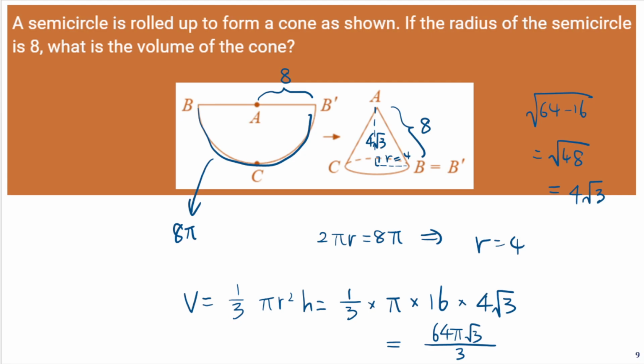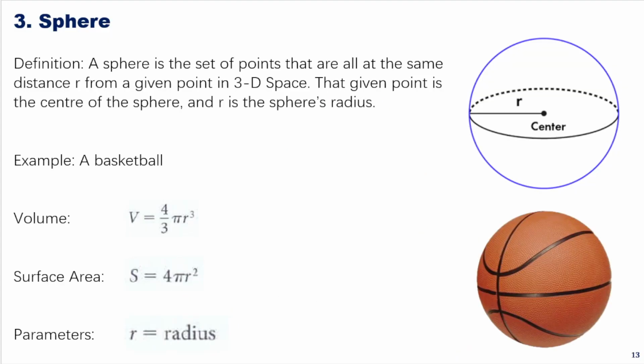Okay, if no questions, another important 3D shape is called a sphere. By definition, a sphere is a set of points that are all at the same distance r from a given point in 3D space. That given point is the center of the sphere, and r is the sphere's radius.